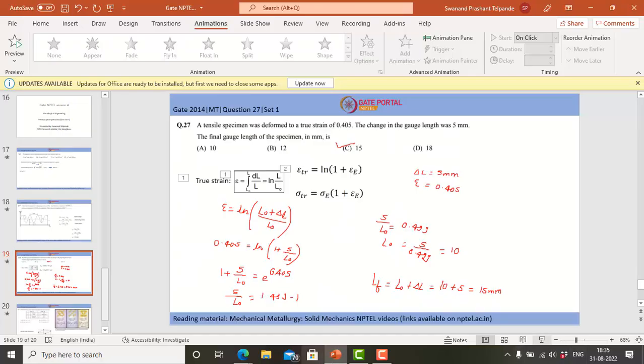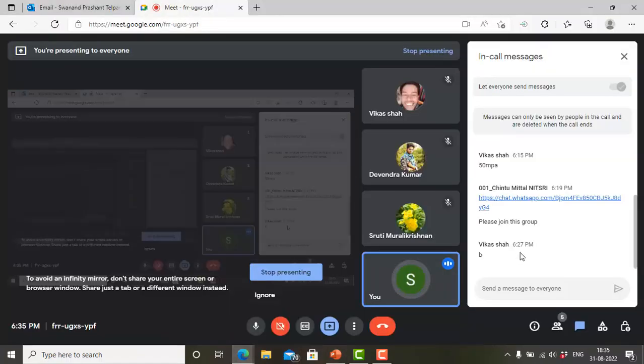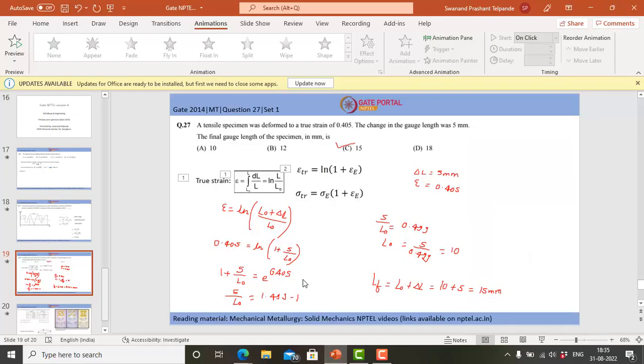I hope you have guessed the answer. This is a basic crystallography question. So I will give you 1 minute more to answer this.